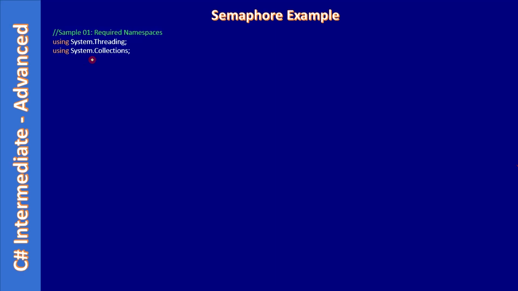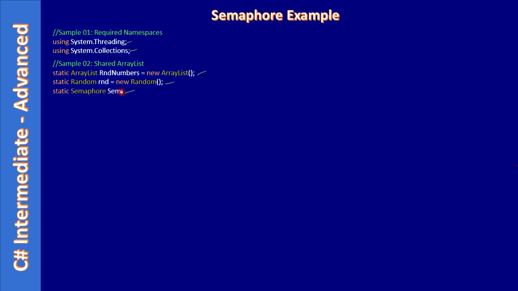Alright, now we will proceed with the example. Here, if you see, we include the namespace for threading as well as collections. First we create an ArrayList, then we create a Random instance, then we create a Semaphore instance.